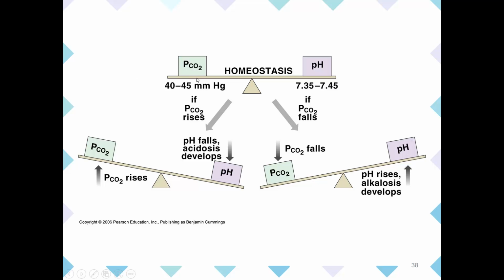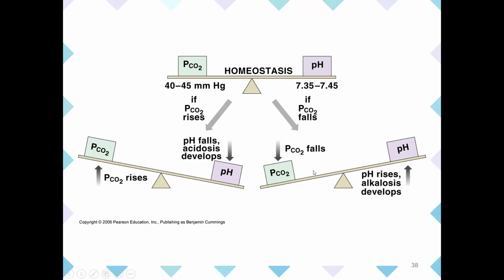And what we want to do with acid-base balance is maintain this equilibrium. So an acidosis is because we have too much CO2, or if we bring the CO2 back down to normal, we can restore homeostasis.